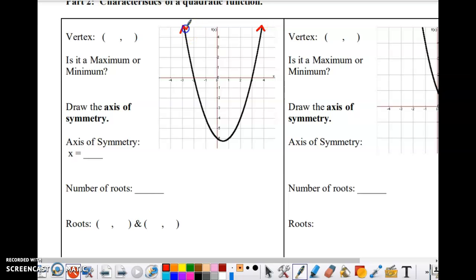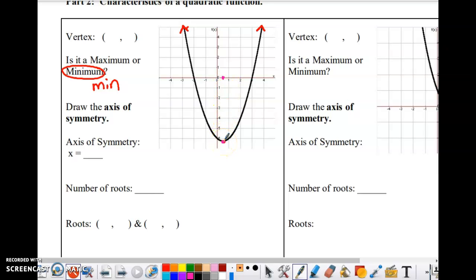Because it's opening upwards, I know that there's a vertex down here at the bottom. So that means it's going to be a minimum. And this vertex is a little hard to tell where it's at, but we're just going to guesstimate. So we're going to say that it's right here in the middle of 0 and 1.